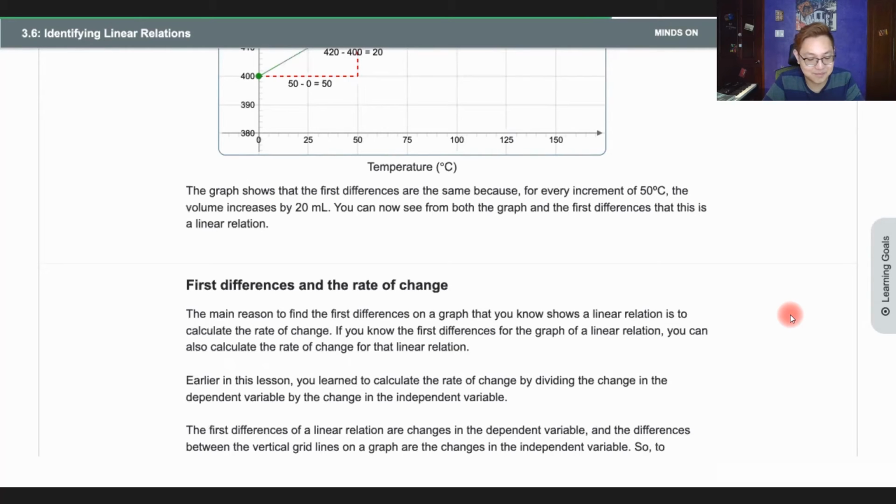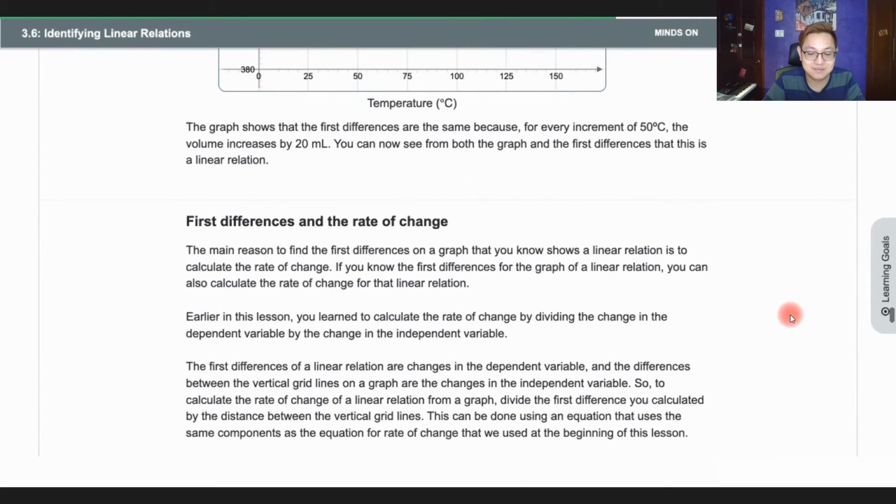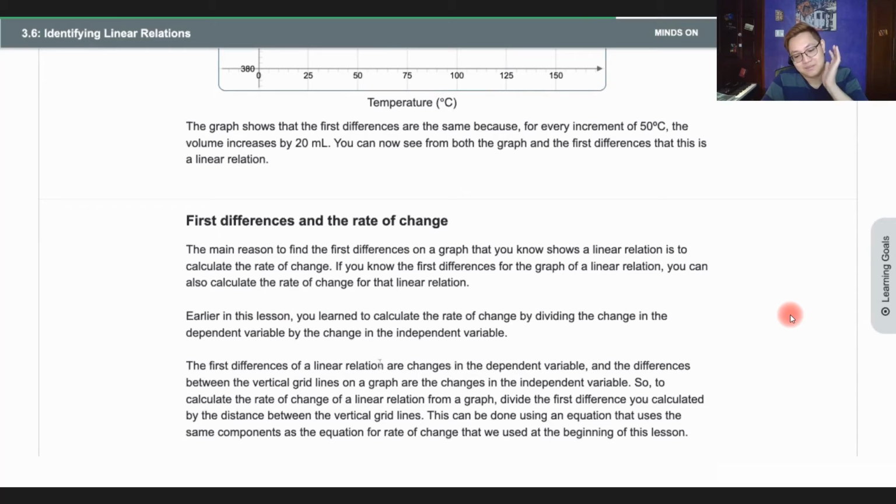The first differences of a linear relation are the changes in the dependent variable, and the differences between the vertical grid lines on the graph are the changes in the independent variable. So, to calculate the rate of change of a linear relation from a graph, divide the first difference you calculate by the distance between the vertical grid lines.